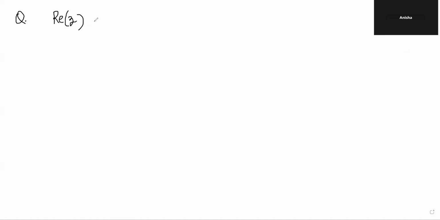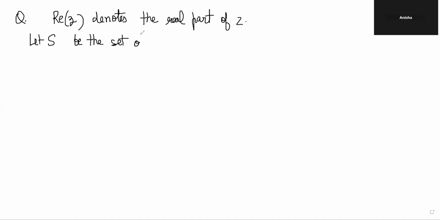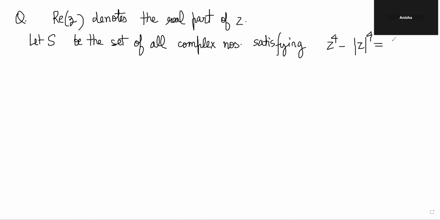Real z denotes the real part of z. Let S be the set of all complex numbers satisfying z power 4 minus mod of z power 4 is equal to 4iz square.